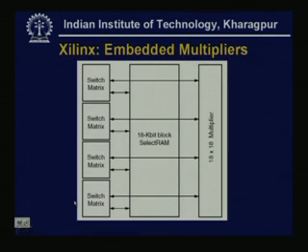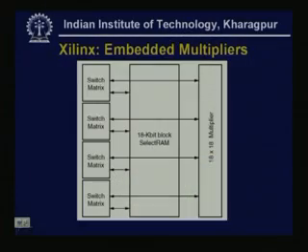Now, we have seen some embedded memories. Nowadays, for DSP type of circuits, the multiplier is a common processing element. So, the multiplier itself can be pre-designed and kept as a basic building block in the FPGA. This is one Xilinx example of embedded multipliers.